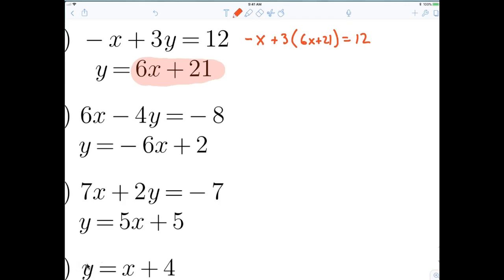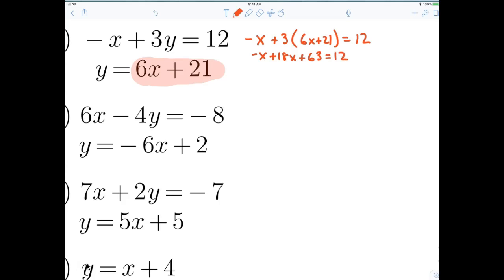All right. Now, for those of you who need a little work on your equations, this is where we're at. I need to distribute a 3. So I get negative x plus 18x plus 63 equals 12. Now we're combining terms.